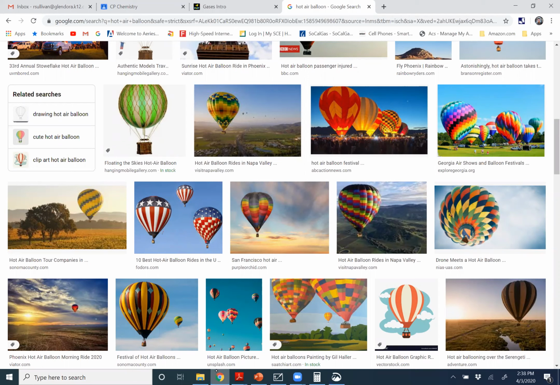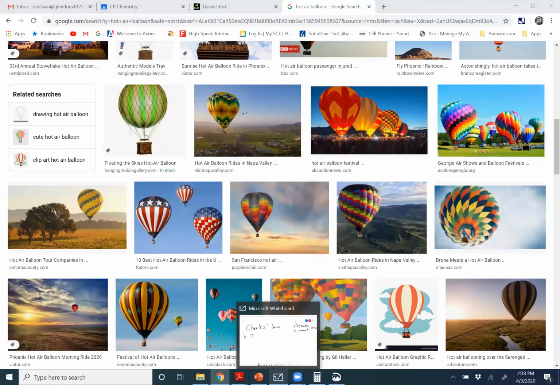There's a little valve at the top of the hot air balloon or at the sides, depending on your balloon style, that lets the air out. So the amount of gas is being held constant inside the balloon, and the pressure is being held constant inside the balloon because the gas from the bottom is able to commingle with the air outside, and so the pressure is the atmosphere's pressure.